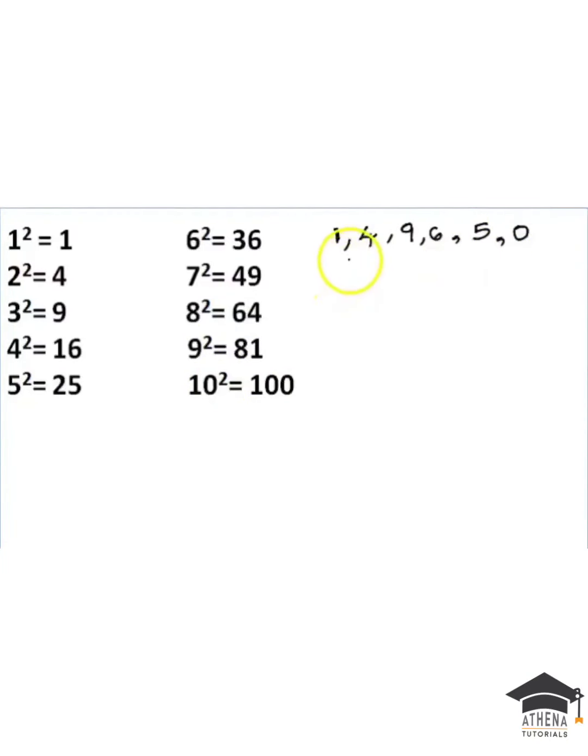Whenever a given number ends with 1, 4, 9, 6, 5 or 0, then it is said to be perfect square. When the number ends with 2, 3, 7, 8, then it is not a perfect square.